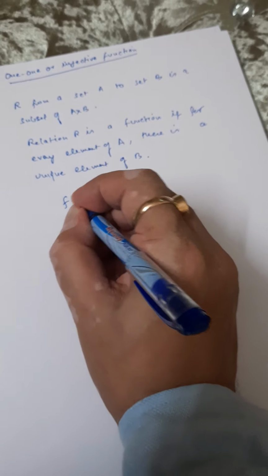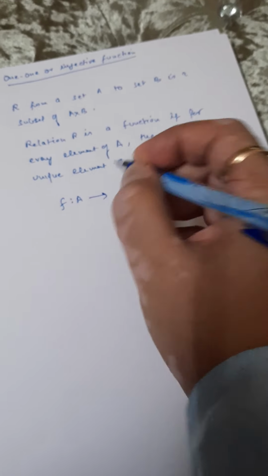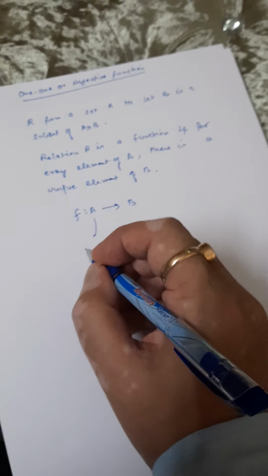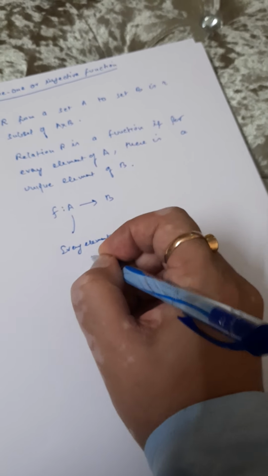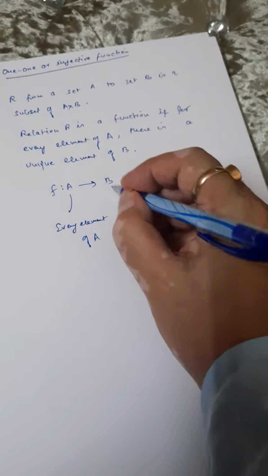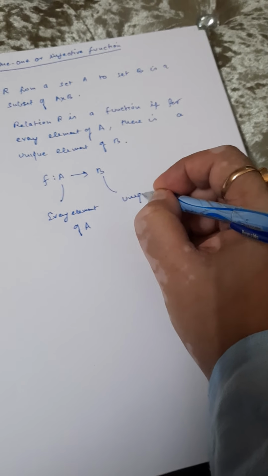We define f from A to B if f corresponds every element of A to a unique element of B.